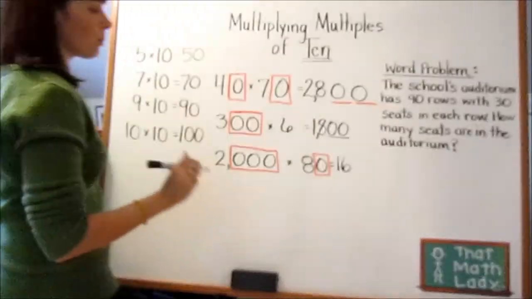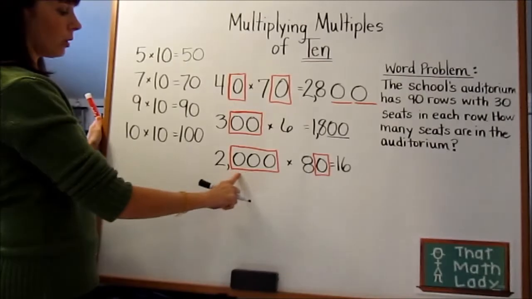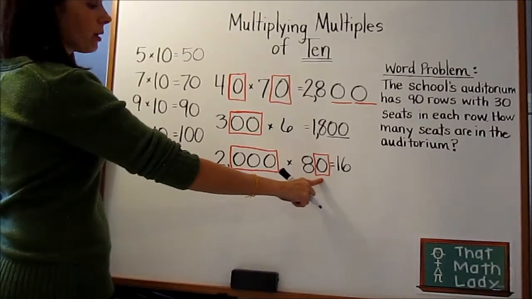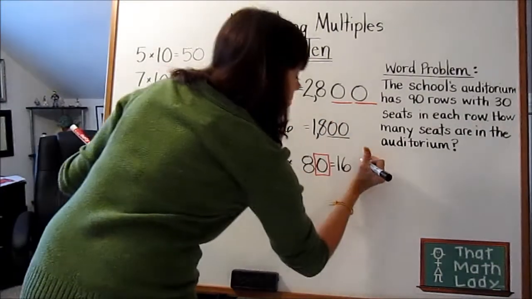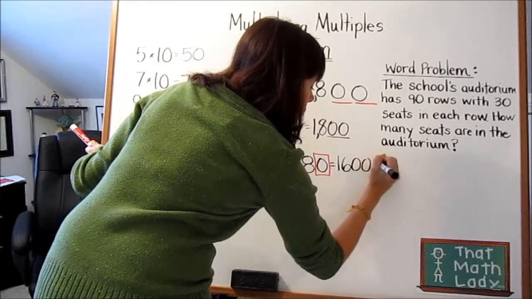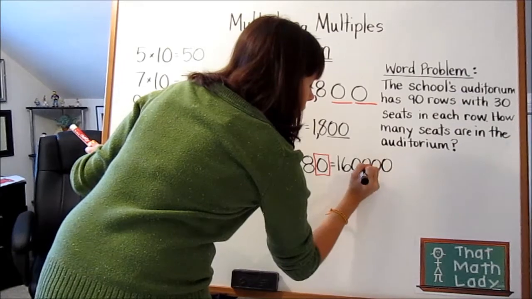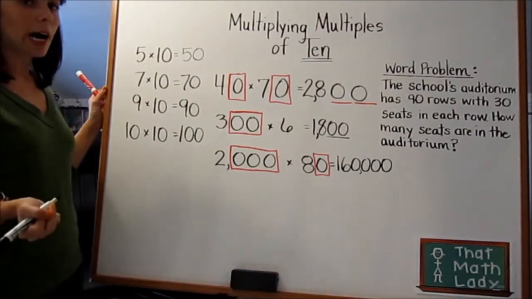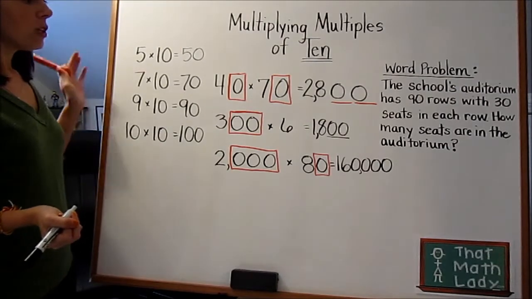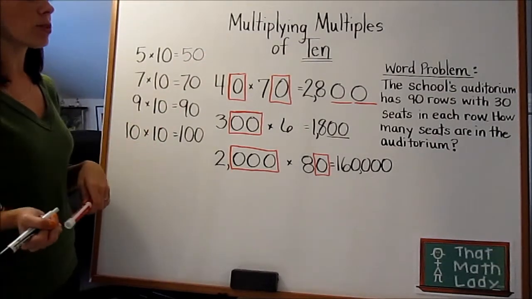And how many zeros are in my whole problem? 1, 2, 3, 4. So how many zeros are going to be in my answer? Yep, you got it. 1, 2, 3, 4. Apply my comma, and I have 160,000.